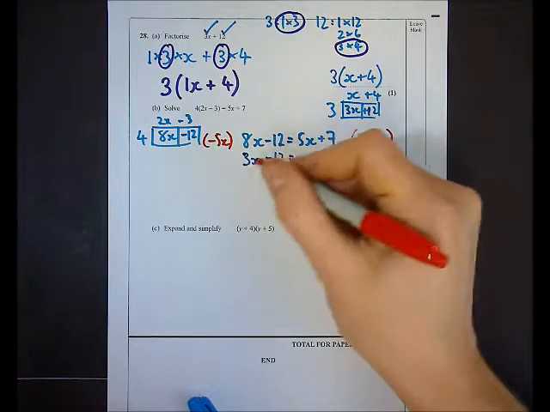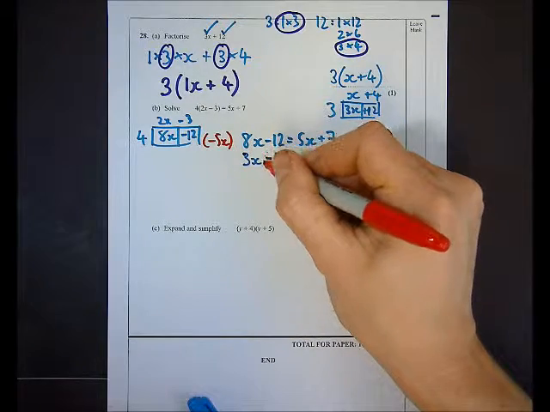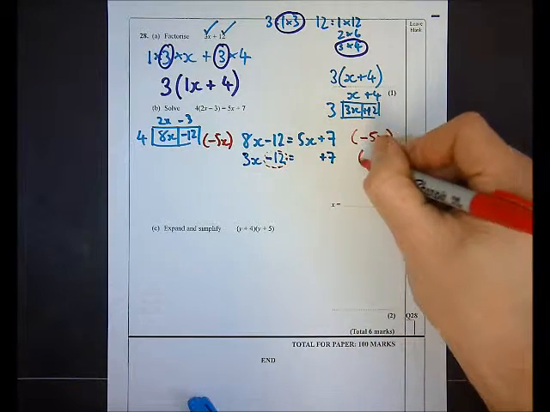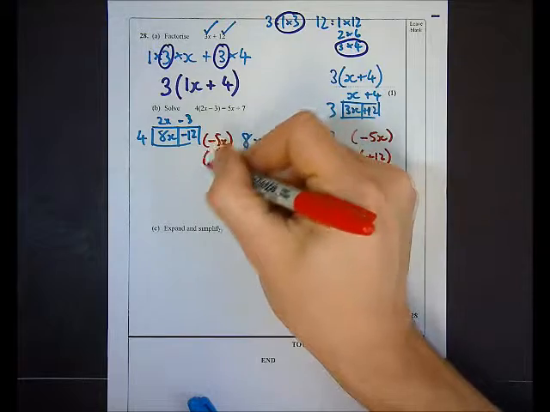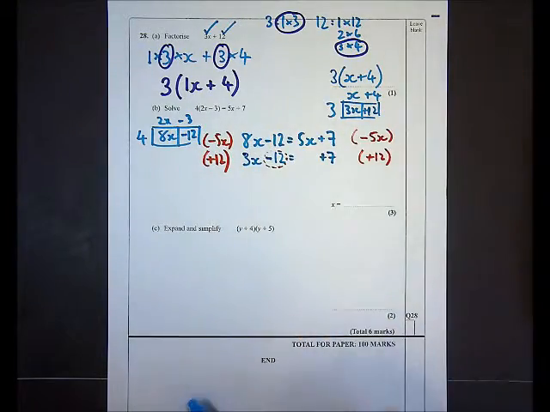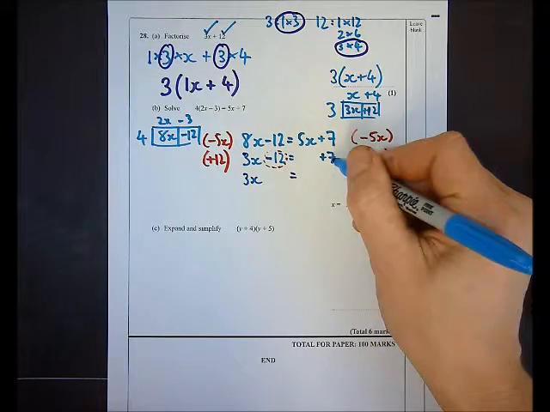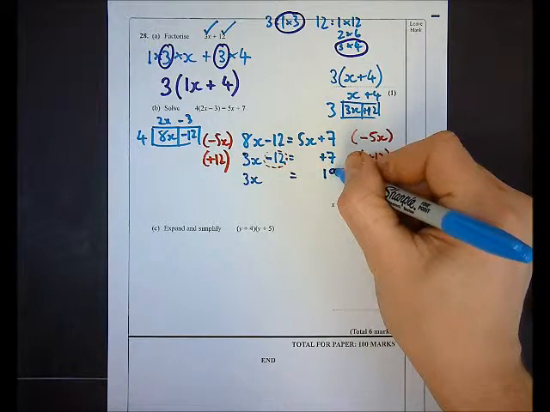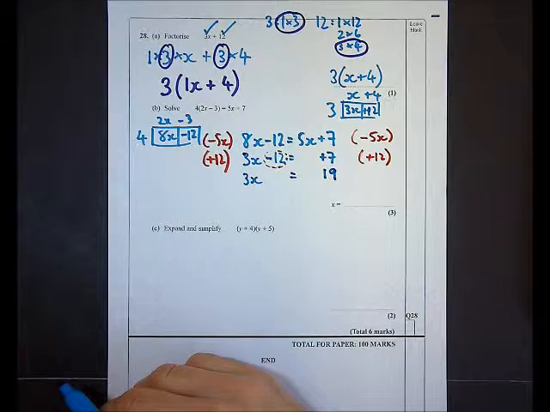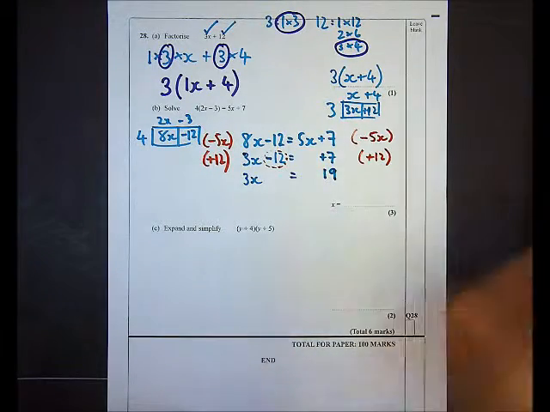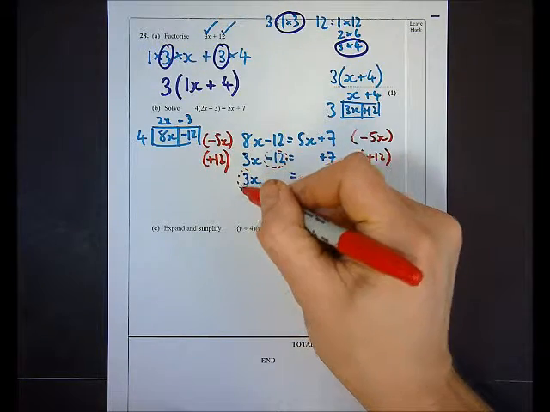Okay, now I'm trying to get x on its own, so I'm going to try and get rid of this term. It is take away 12, and to do that I'm going to add 12 to both sides. And so I'm going to end up with just 3x here. And on this side I'm going to do 7 add 12. Important, I've got to add 12 to both sides, and that's going to be 19. Okay, so now I want to get rid of just this 3, and I'm done.